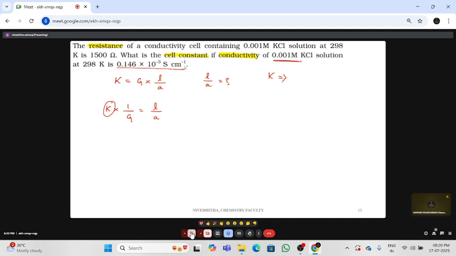See, the unit is 0.001 molarity, so it is the concentration. You just read the sentence. Conductivity of 0.001 molar KCl solution at 298 Kelvin is 0.146 into 10 power minus 3 Siemens centimeter inverse. So I'm just asking the value of kappa.